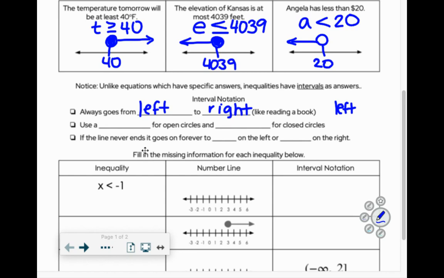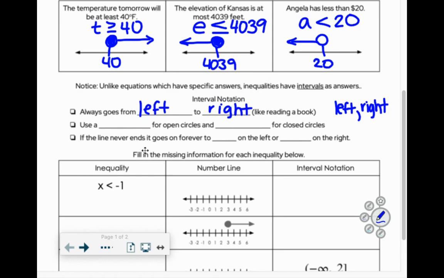This is where it starts. Then you're going to put a comma, and you're going to say, this is how far to the right my graph goes. So for example, if your graph went from 2 to 5, you would say 2, 5. And that would include anything in between, decimals, fractions, everything between 2 and 5.